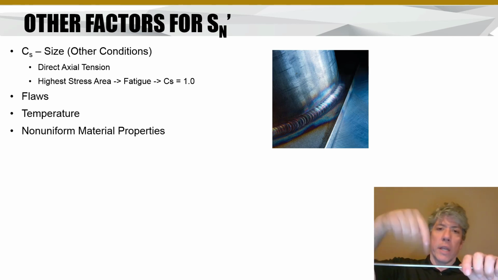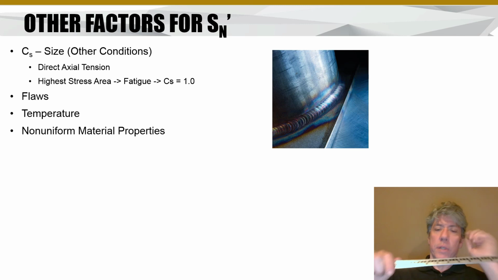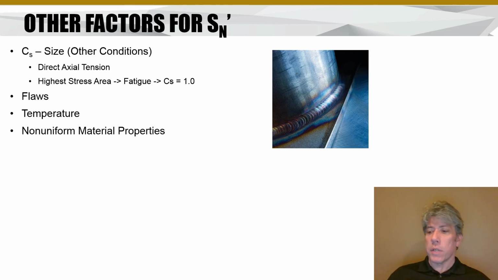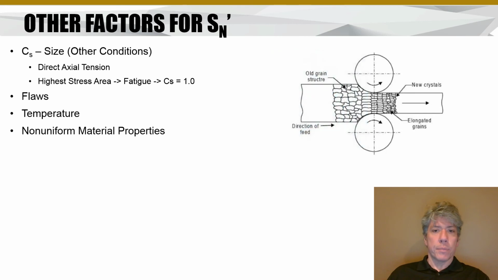And then if you load it in the other direction, across the processing direction, you could get different properties. So it's very important to realize that all these different factors can affect the material so that it has non-uniform properties and doesn't necessarily behave in the way you would predict from a simple test that only considers one direction of the material's properties.